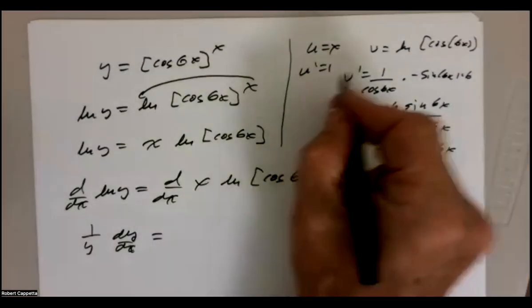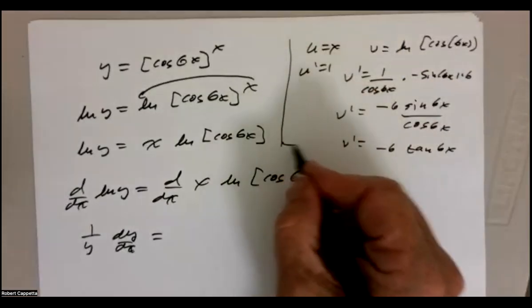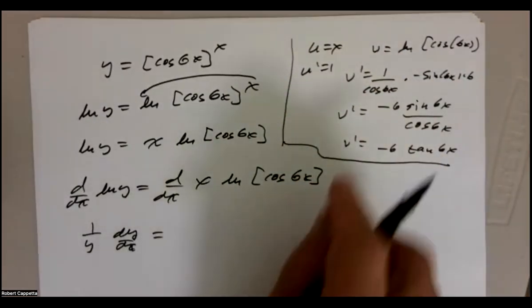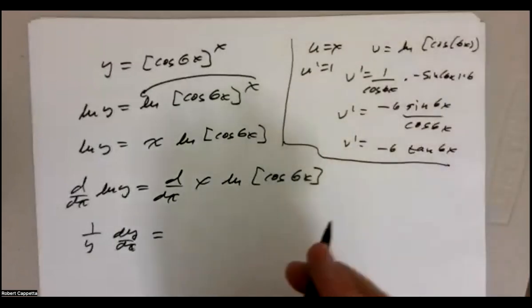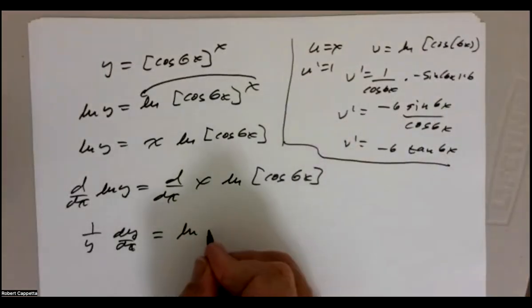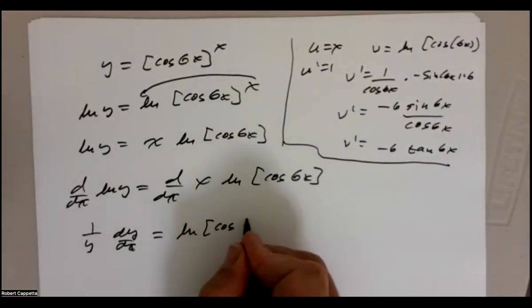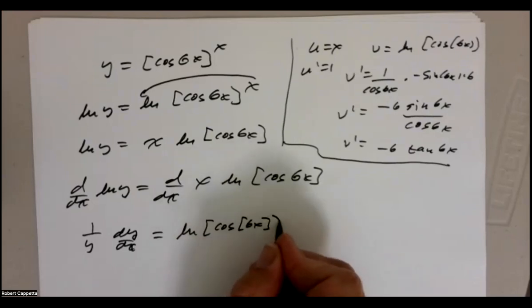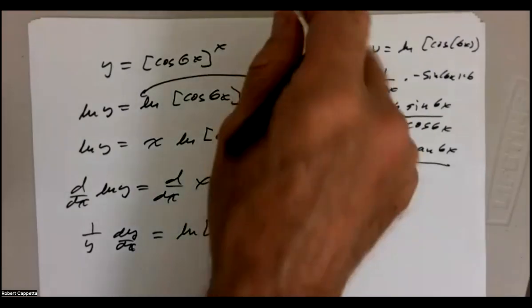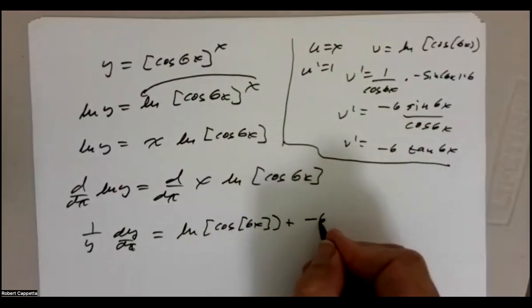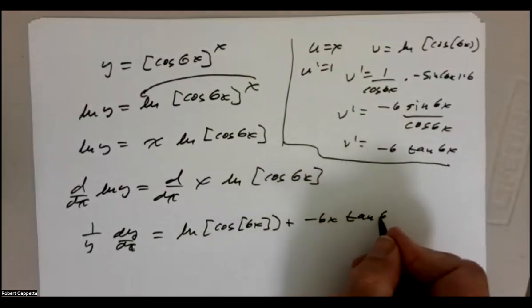Okay, u prime v, 1 times log cos 6x, plus u v prime, x times negative 6 tan 6x, that'll be negative 6x tan 6x.